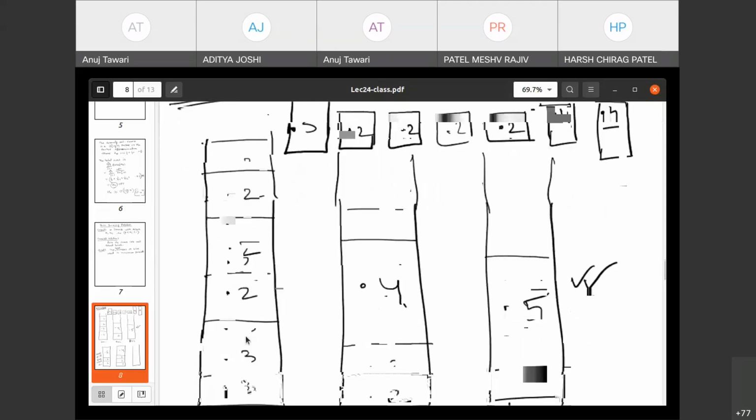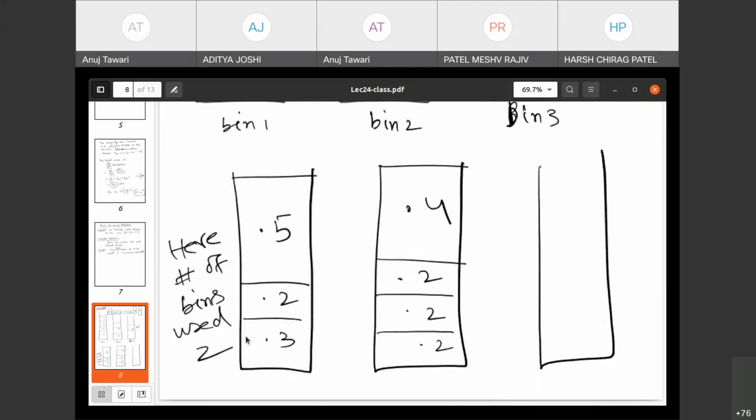For instance, let's say we want to find how to get this kind of arrangement where the number of bins is very small. Then what strategy will you use in this case? How can you put the inputs here?